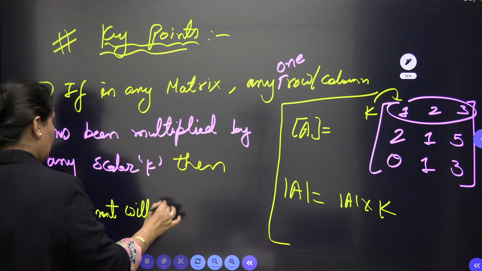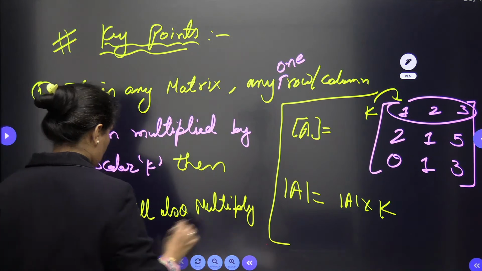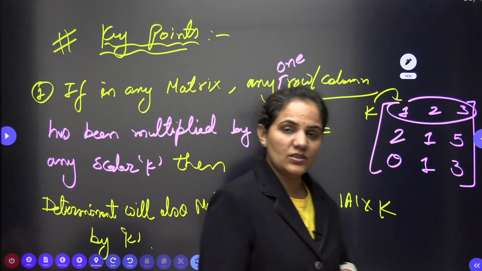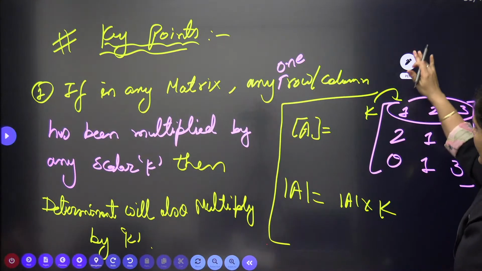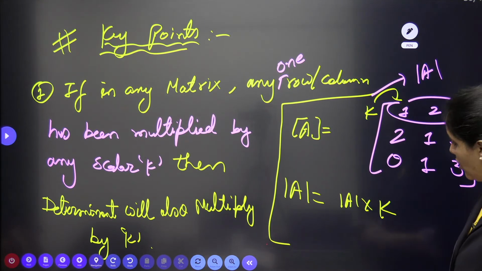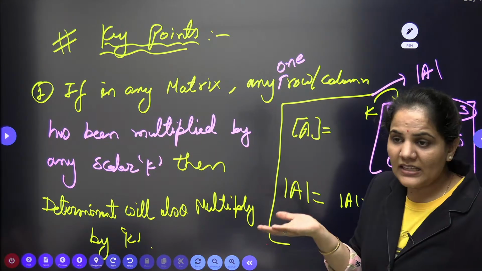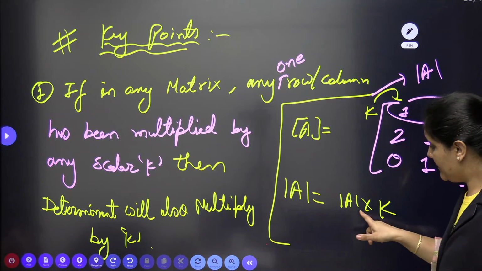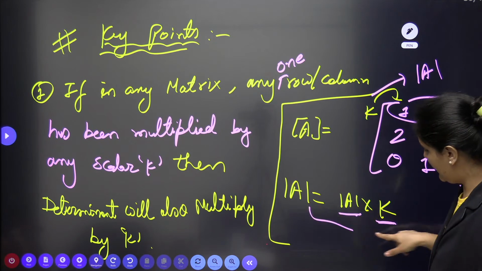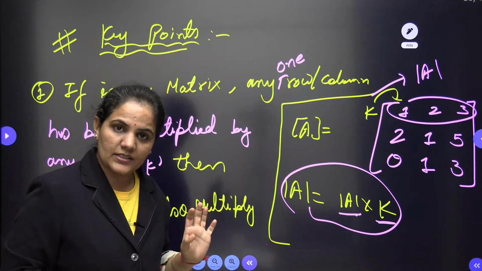This must be important. So if this is my matrix A, whatever determinant I find here will be the determinant of A. If I multiply the first row with the scalar k, then the new determinant will be the old determinant multiplied with that scalar k. Hence it will be the determinant of the new matrix.